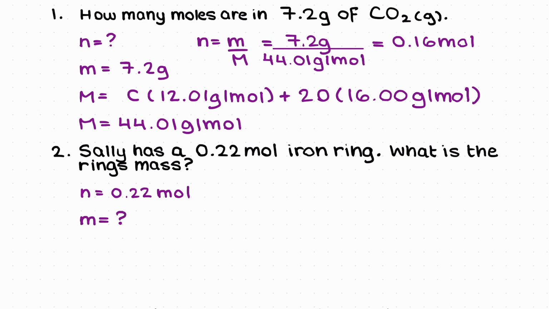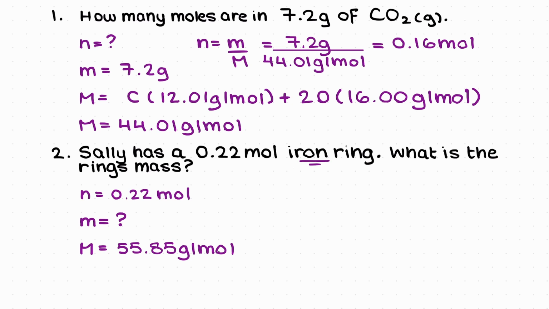So we know that that's our unknown. And lastly, the other piece of information they gave us is that this is an iron ring. And so iron is an element, and we can look up its molar mass. The molar mass of iron is 55.85 grams per mole. And again, your numbers might differ a little bit depending on your periodic table.